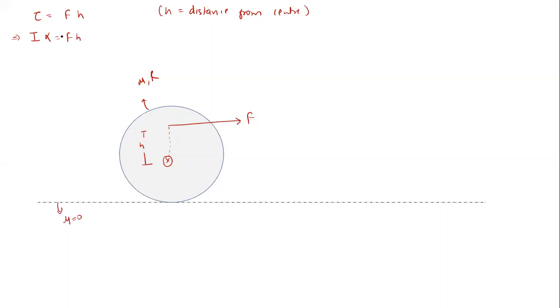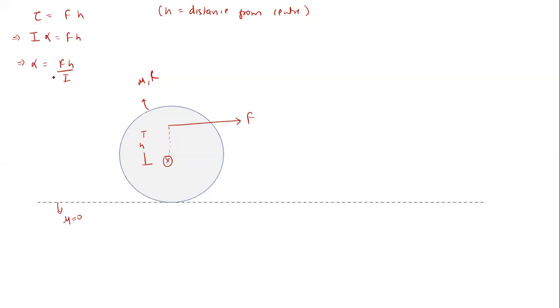Therefore alpha will come out to be F h by I. So the torque is provided by the external force F.